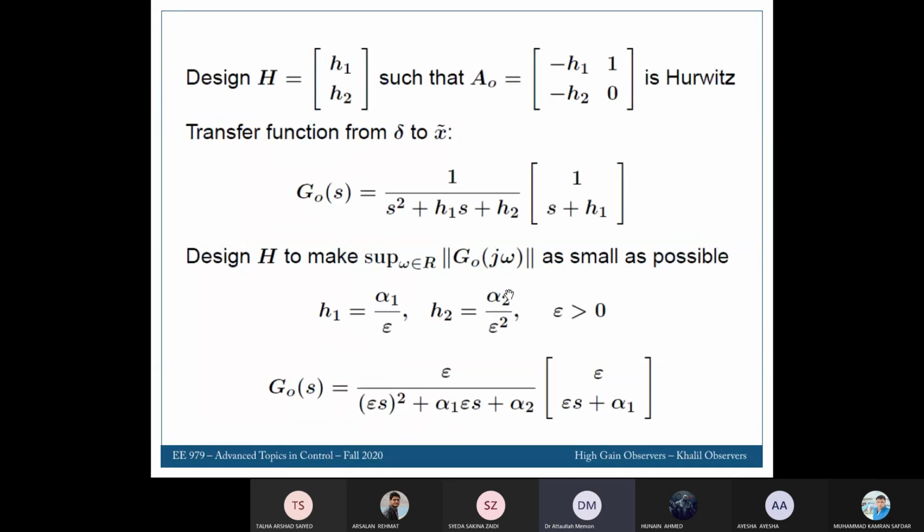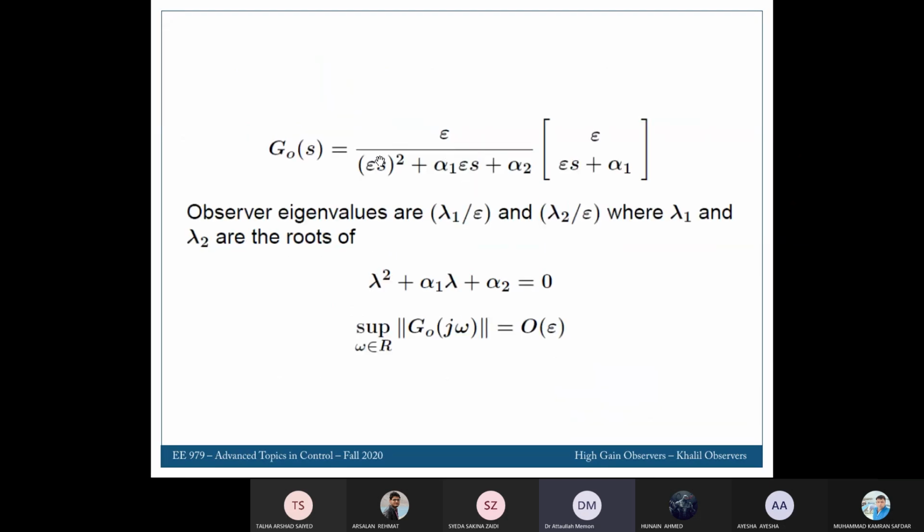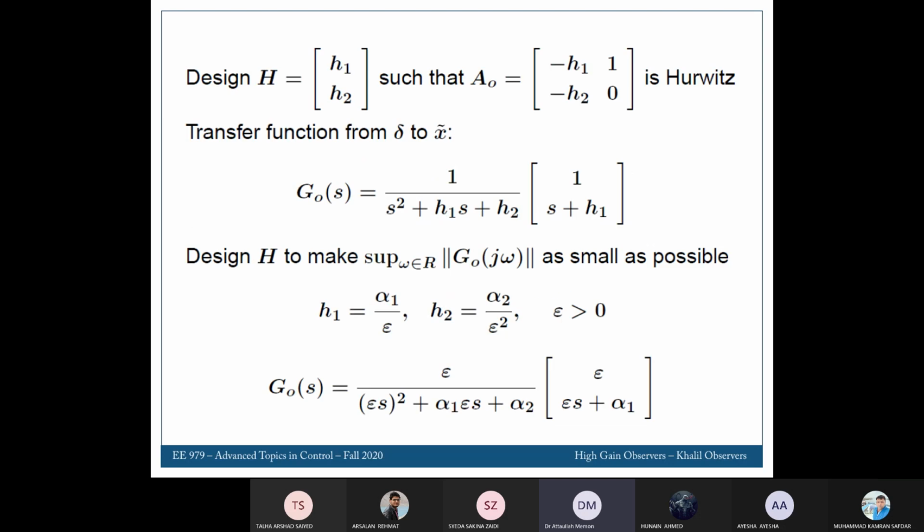gains. Now this is the idea which Hassan Khalil introduced, and based on that, the transfer function from the variation in the system to the estimation error became negligible. That made this observer a robust observer, and it also gave us a very systematic way of finding the observer gains for the system.